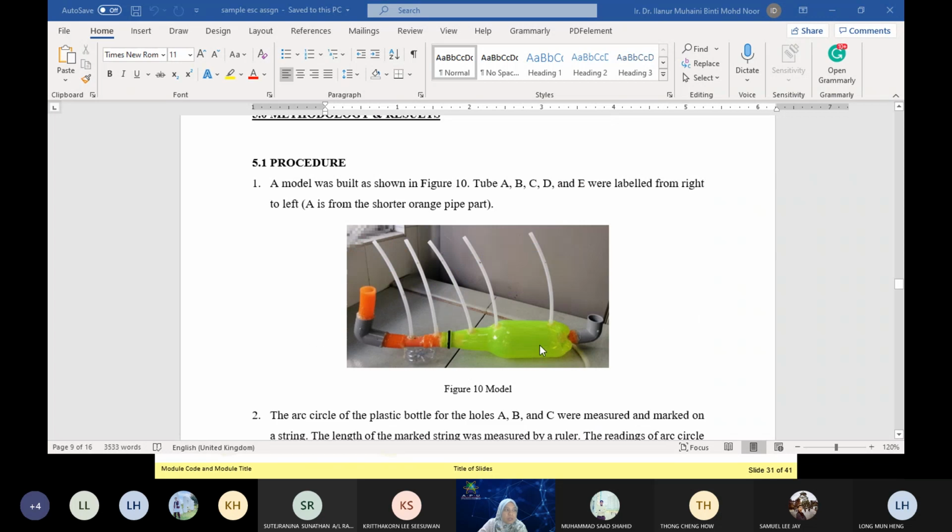So now, diameter should be the same or not? For this type of experiment, since the bottle has a changing area. Same? Because the area are different, you see. This one might be different from this. This one a bit smaller the area compared to this one.